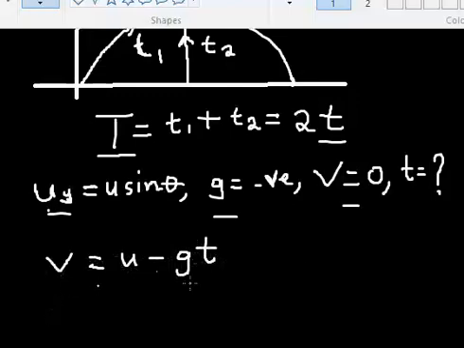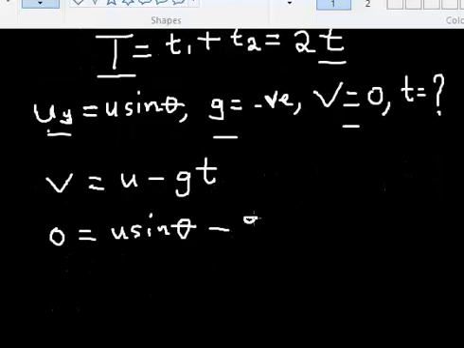So now v is 0, u is the vertical component, which is u sine theta, then minus gt. Rearranging the equation, I'm going to have gt is equal to u sine theta.